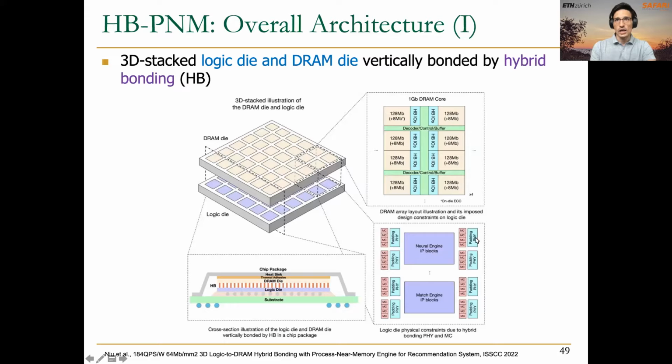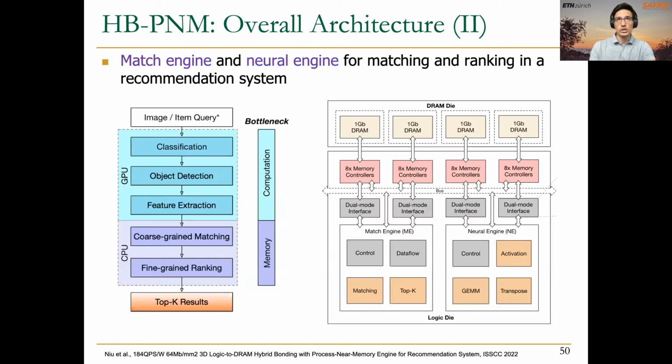In the logic die, they incorporate not only the memory controllers necessary to access DRAM, but also some IP blocks called the neural engine and the match engine, which are specifically designed for the recommendation system that they have implemented.